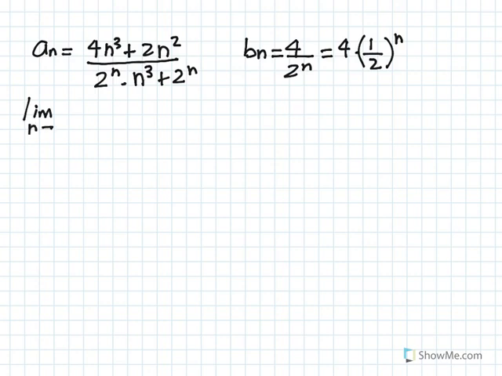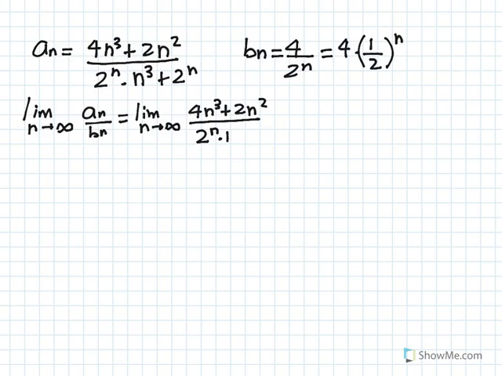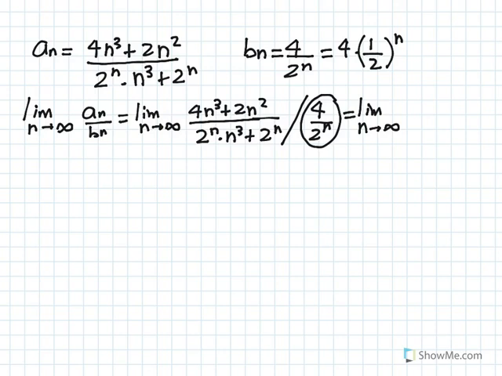We have the limit as n approaches infinity of an divided by bn. This is equal to the limit as n approaches infinity of (4n cubed plus 2n squared) divided by (2 to the n times n cubed plus 2 to the n), divided by 4 divided by 2 to the n. If we simplify this, we're dividing by 4 over 2 to the n, which is the same as multiplying by 2 to the n divided by 4.